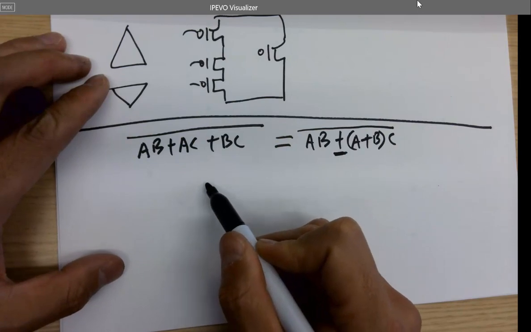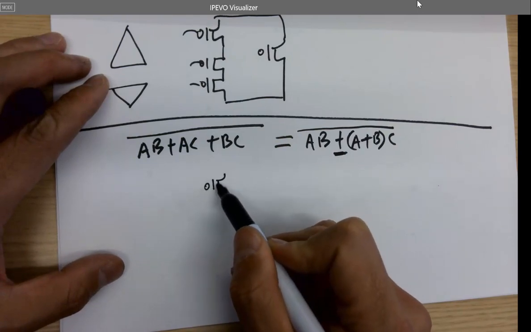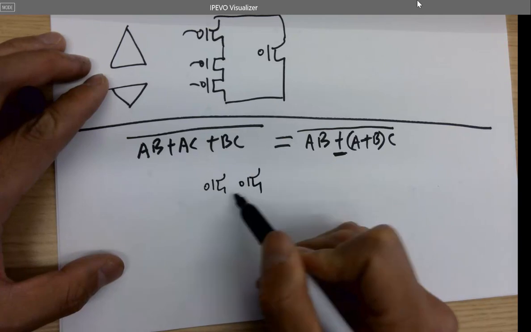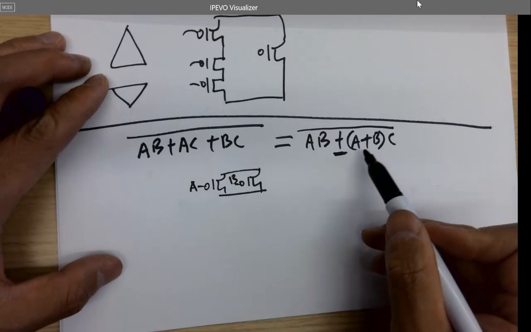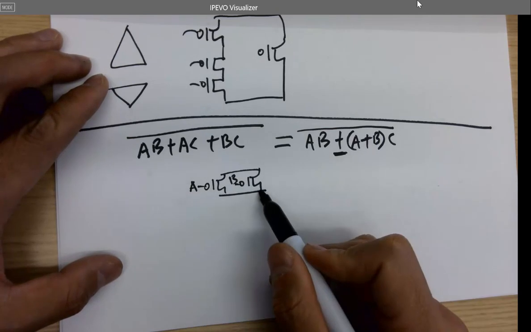So it's like A, B, A or B and C, so C must be here.